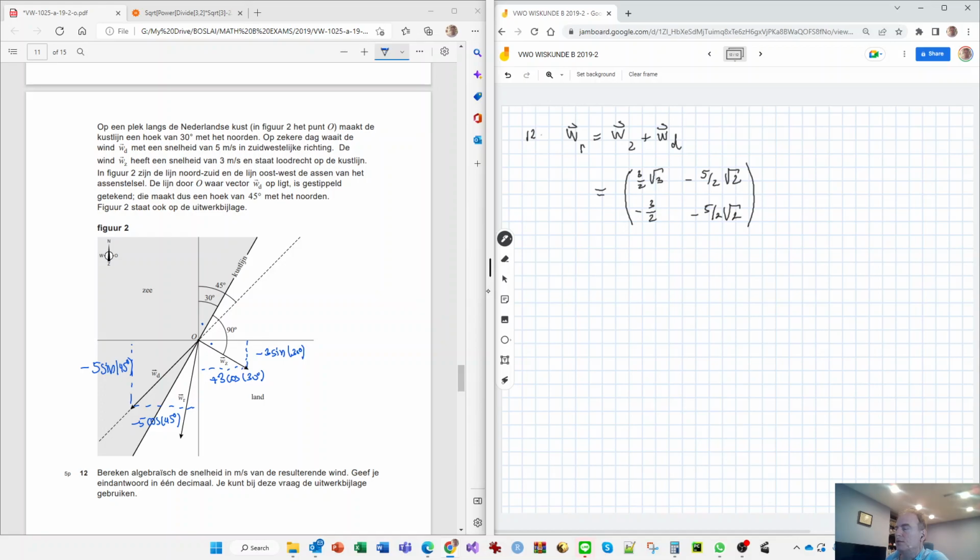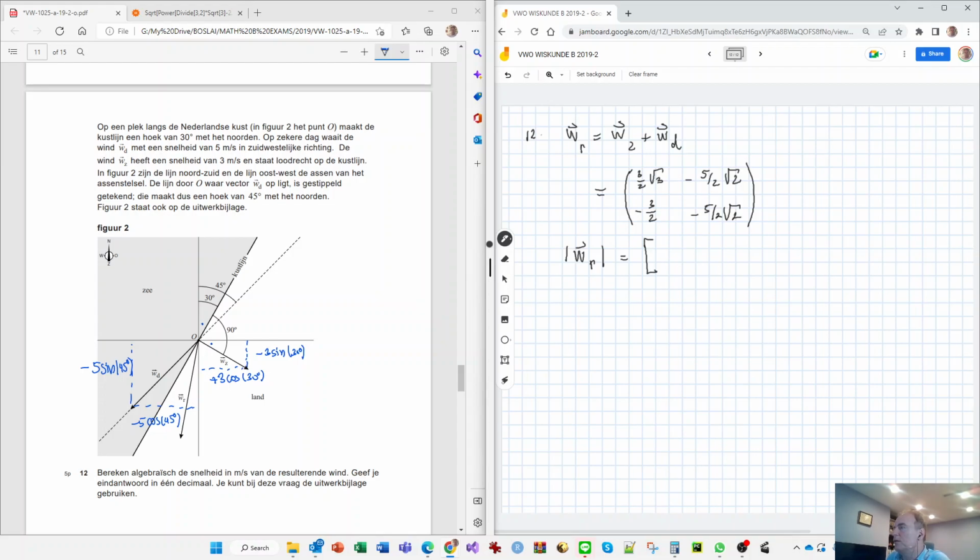That's minus 3 times 1/2. And this should be correct. We need to find the speed, so that's then this ugly expression. Let's just put it in brackets for the square root.